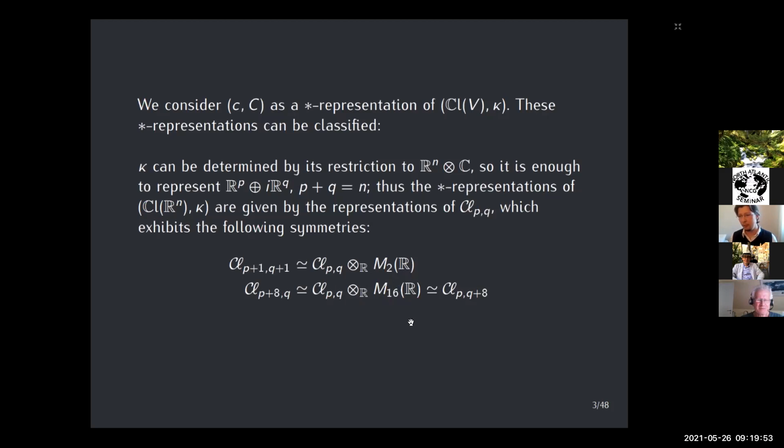Because from the perspective of Morita equivalence, they're basically invisible. Because your C-star algebra tensored by some full real matrix algebra is going to be Morita equivalent to your original C-star algebra. So the fact that we have an 8-fold symmetry here, the reason that it's richer is because in the complex case, if you only look at regular representations, you only have a twofold symmetry. So we have this quadrupling of interesting cases.